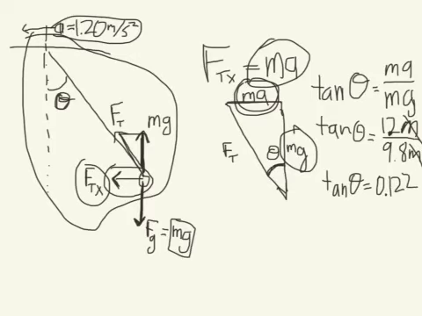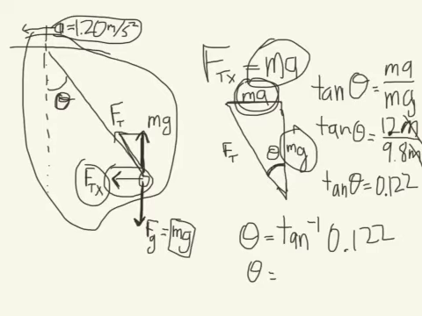We want to find the angle here, so here's a situation where we use inverse tangent. The inverse means the little to the power of -1, if you're looking for that key on your calculator. So theta is the inverse tangent of 0.122, and that's just about 7 degrees. And that is part A.